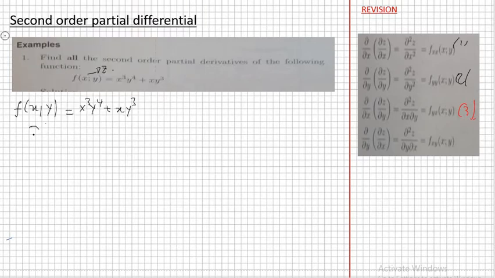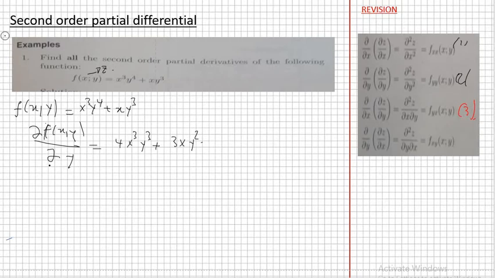Just say first derivative of the function f with respect to y. So the first derivative will be 4x to the power of 3 y to the power of 3 plus 3x y to the power of 2.